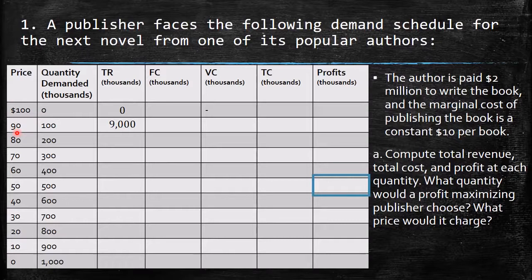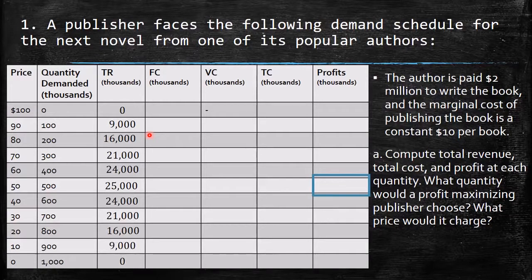Then 90 times 100 is going to be 9,000. And remember, this one is naturally 100,000 times 90, which is 9 million. So it's this 9,000 and another three zeros, so it becomes 9 million. Here we have 9, then we have 16,000, and so on and so forth.